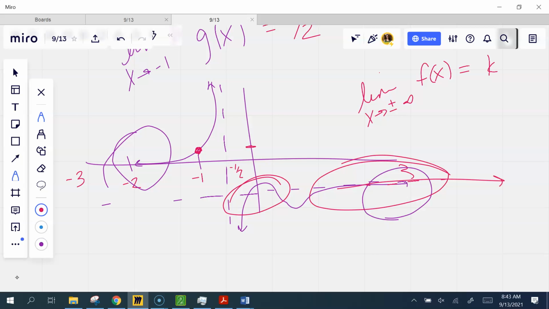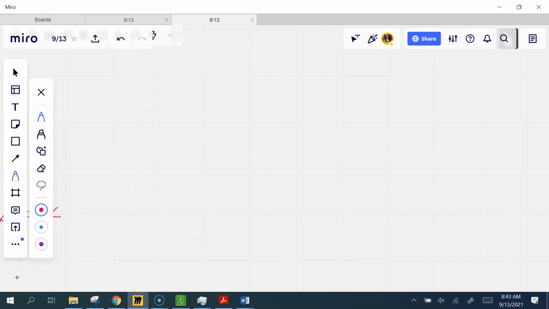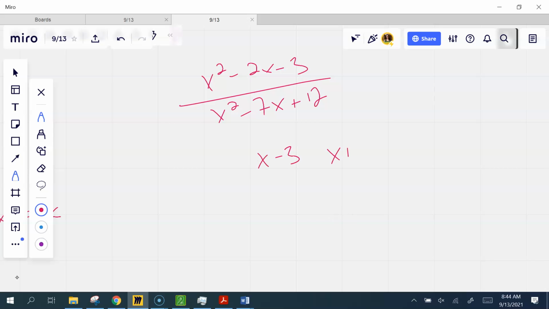You plug in the number. So if I plug the hole on that one, the hole occurs at 3, right? So you have x squared minus 2x minus 3 over, and you didn't have to do this for this one, but that's right, you would.